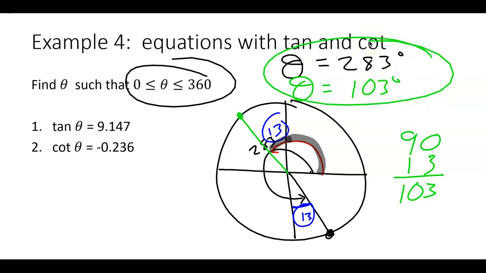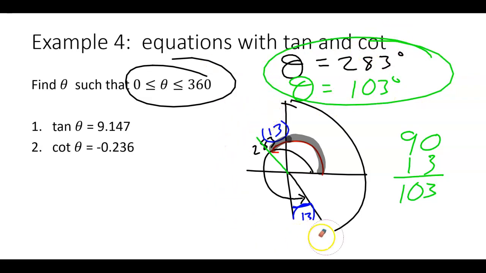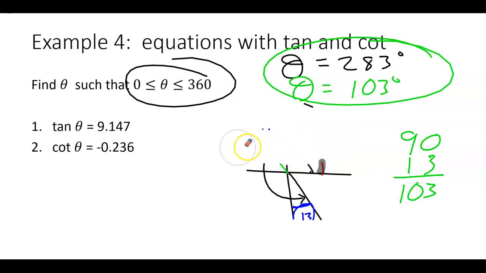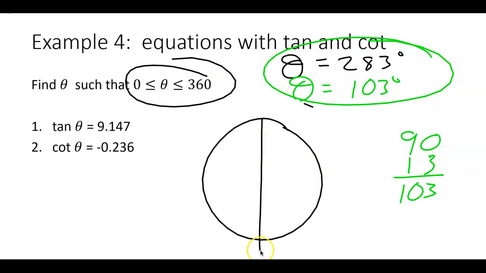Now that's the longer way, where you just find all the missing angles and add up the pieces that you need. But let me show you guys the faster way, which just involves 180. So we had 283 down here, right? I know that the other angle is up here. Now, I'm not going to add 180 to it like I did on the last problem, because that would make me go past 360.